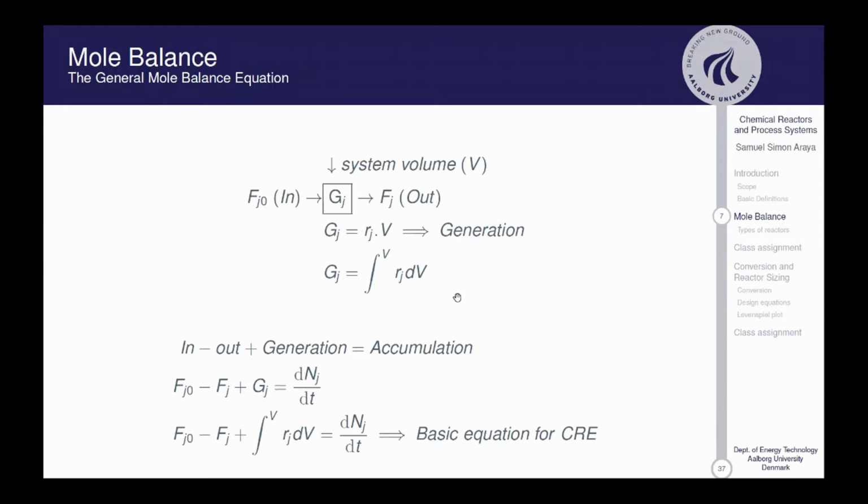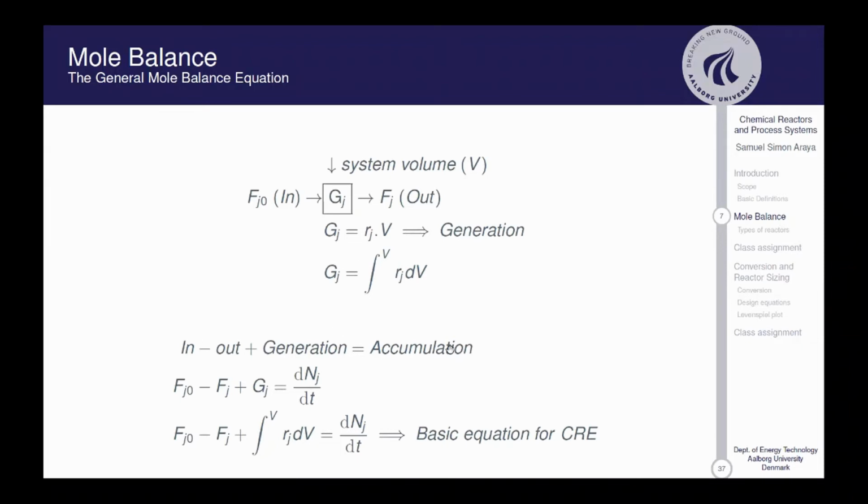But generally, when we have reactions, we can also have accumulation. This generated species can stay within the reactor. So the generic form of the mole balance is: we have moles flowing into it, then moles going out of it, moles generated because of the reaction, and moles accumulated in time in the reactor.